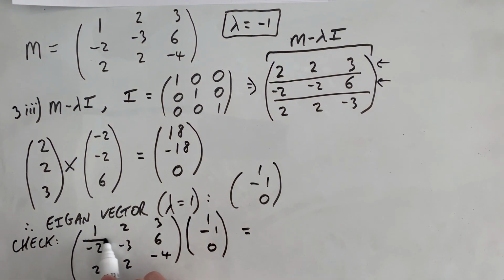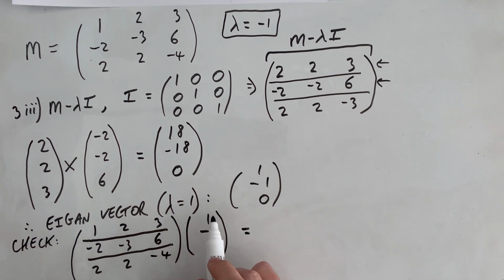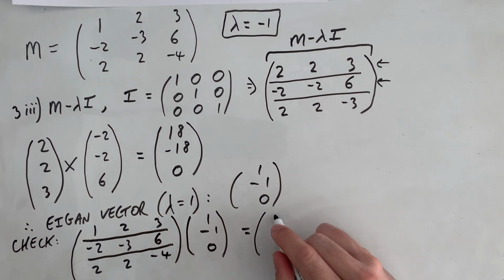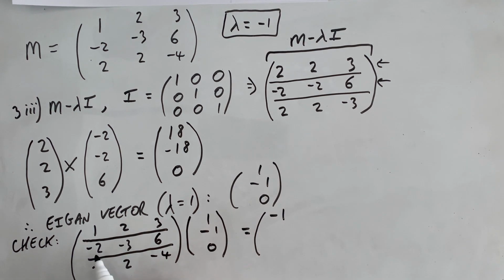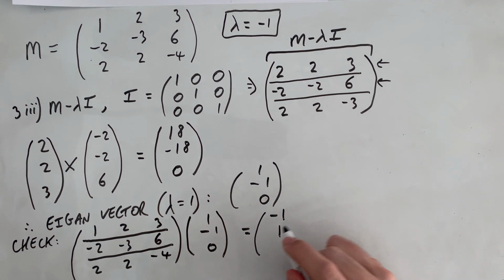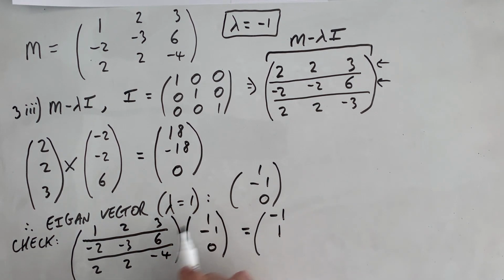Remember, when multiplying matrices, we go along and then down. So we get 1 minus 2 plus 0, so we get minus 1. Here we get minus 2 plus 3, so 1, plus 0. Looking good so far. Finally, 2 minus 2 is 0, plus 0.